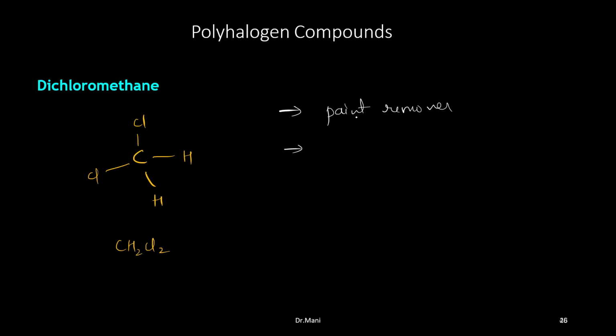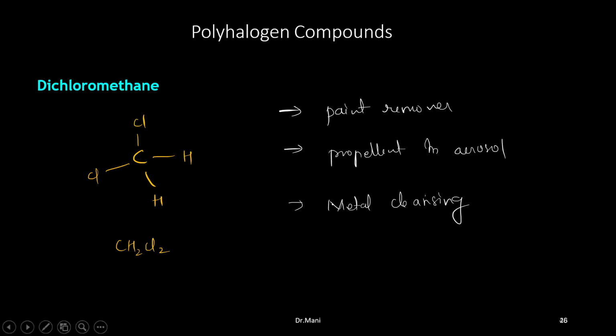It is a paint remover, it also acts like a propellant in aerosols. It can also act like a metal cleaner. If you find any other uses, just add on. So these are a few uses of this.